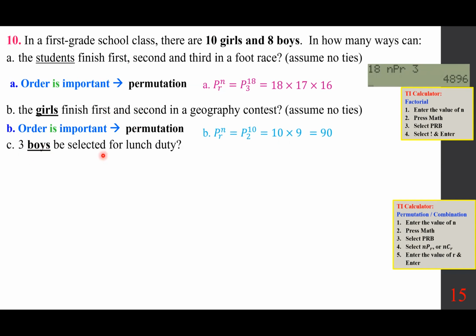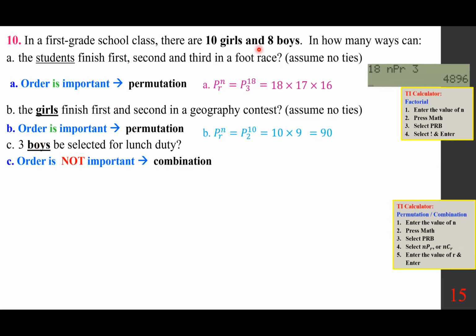Three boys be selected for launch duty. Well, nothing is specified. Order is not important, which makes it a combination. So we're going to go with the combination.